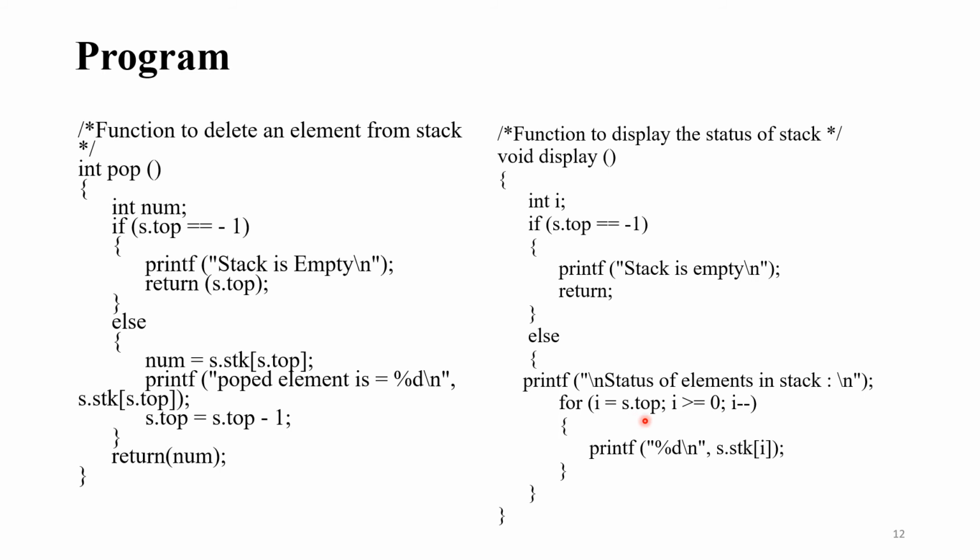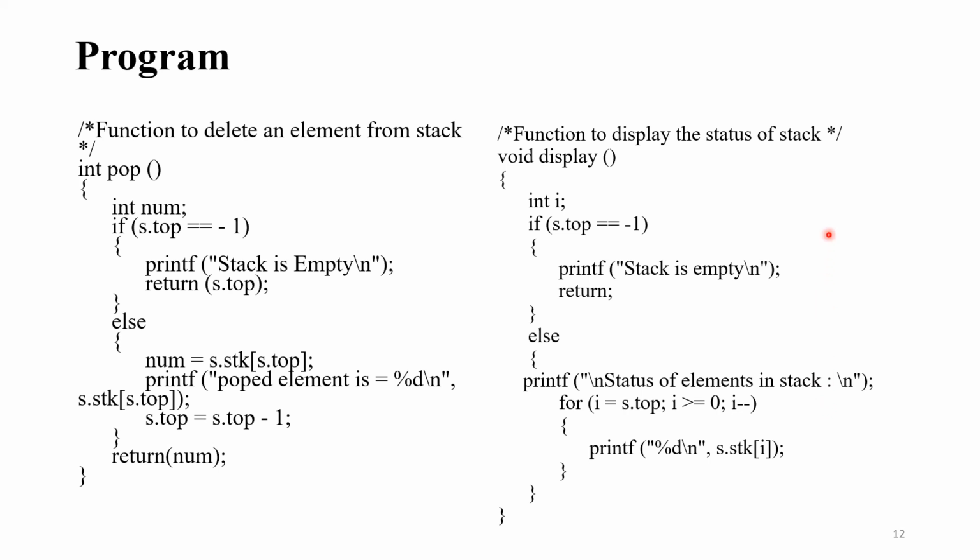So i = s.top, which means we start printing values from the last index, where top is pointing to the last index. i >= 0 and i--, meaning print values from top to the bottom.